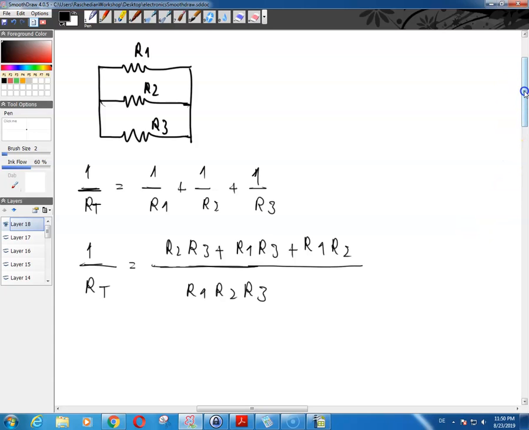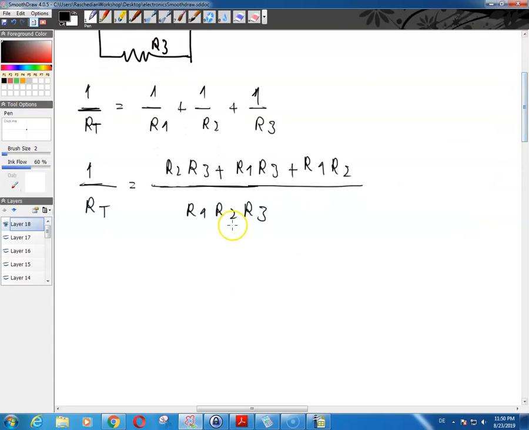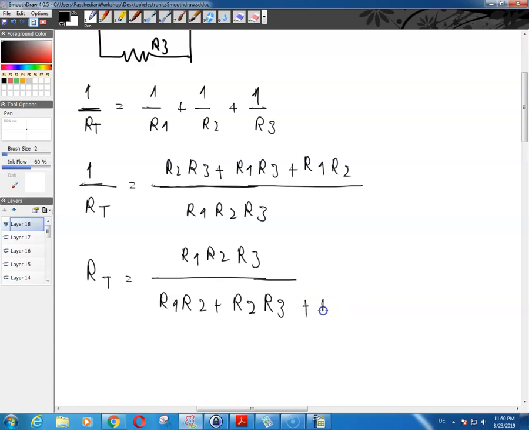And if I take the reciprocal of both sides of this equation, I'll get R of t is equal to R1 R2 R3 over R1 R2 plus R2 R3 plus R3 R1.